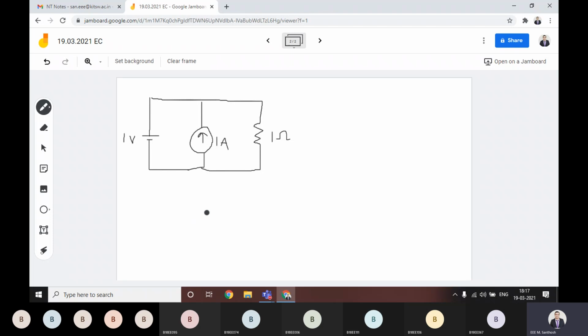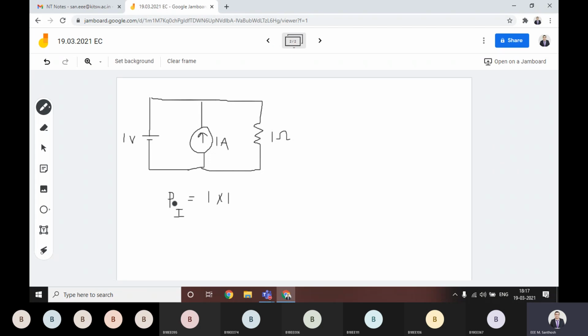Your understanding is correct so far. Let us discuss this one. The power delivered by the current source: suppose this is 1 ampere, then the voltage across this branch is also 1 volt, right? 1 ampere into 1 volt.